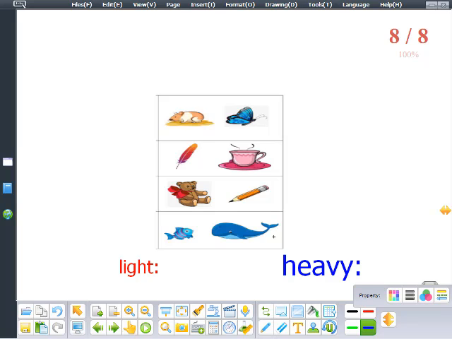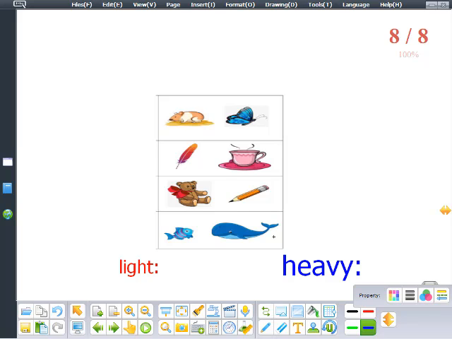The light is when things have less kilos. We can bear it. And the heavy, when the thing is heavy, it has many kilos, for example, or it is very heavy. You can't bear it.